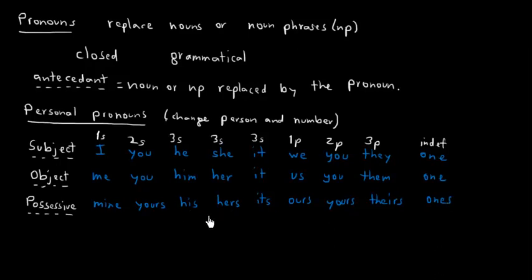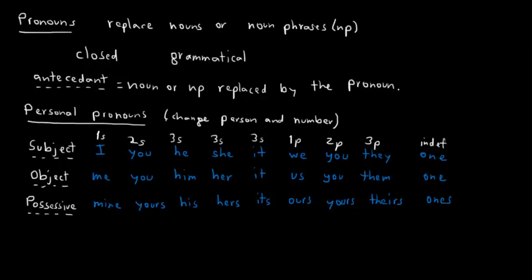And in this case, the person and number that they agree with is not the person and number of the head of the noun phrase. So, my dog. Okay, well, dog would be third person singular. But no, we would use mine. So in the possessive, we go back to whoever owns the head of the noun phrase. Okay, so that's a little different.